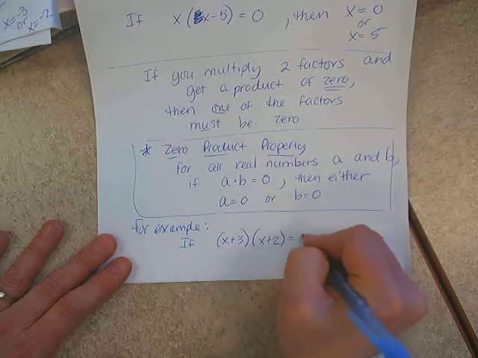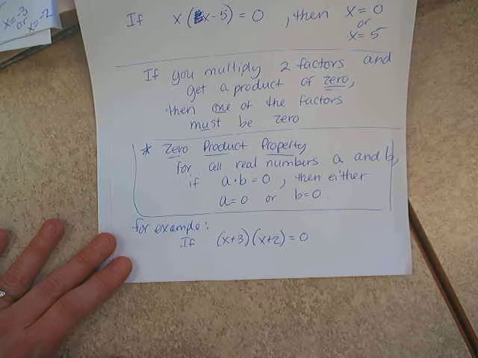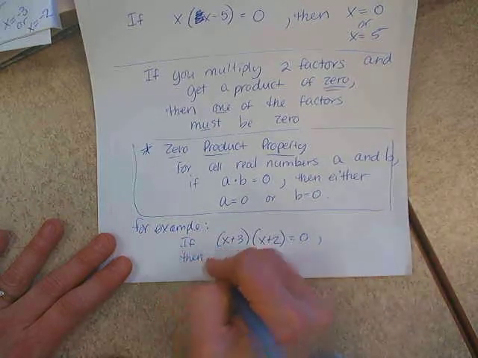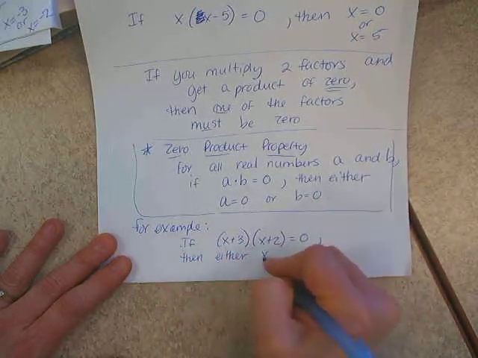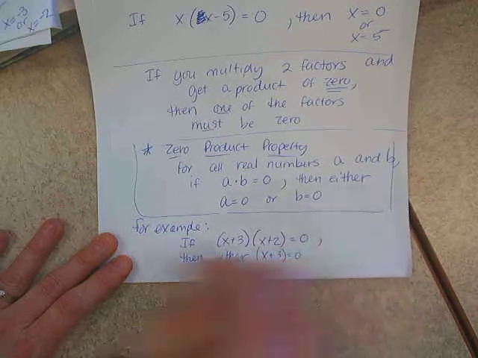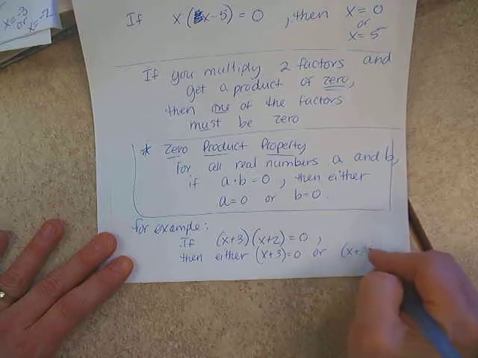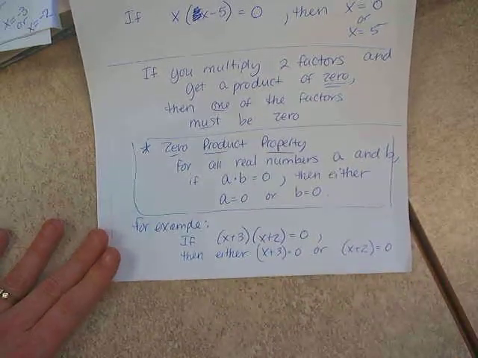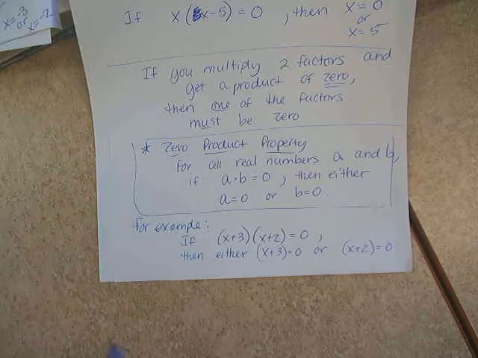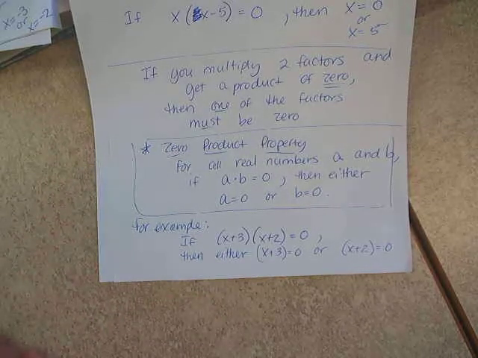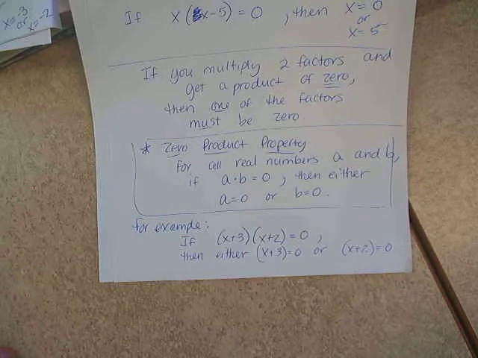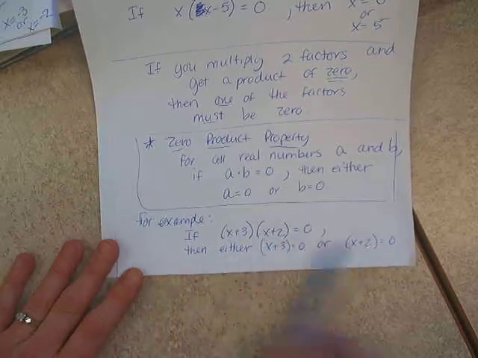So we should be able to say if x plus 3 times x plus 2 equals 0, then either x plus 3 should equal 0 or x plus 2 should equal 0, right? Because those binomials are being multiplied to give us 0. So if we're getting a product of 0, one of the binomials should equal 0. Yes?